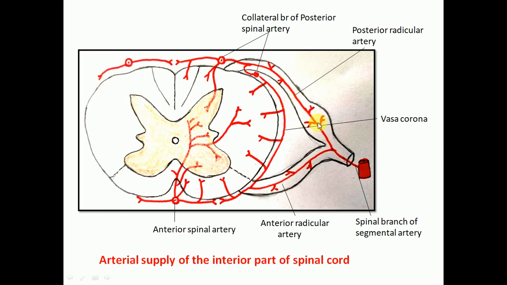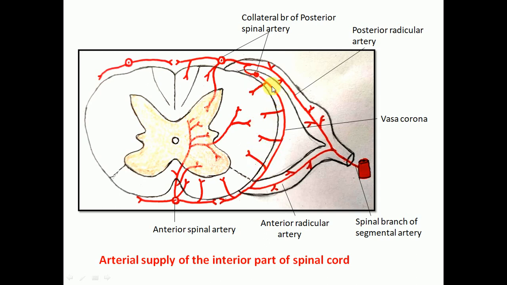Now how do these spinal branches of the radicular or segmental artery enter the spinal cord? So in this way they enter the posterior nerve roots and then divide into anterior radicular artery and posterior radicular artery. Later on these anterior and posterior radicular arteries communicate with the collateral branches of the anterior as well as posterior spinal arteries. Now these collateral branches pass along the surface around the circumference of the spinal cord and give branches to the spinal cord.